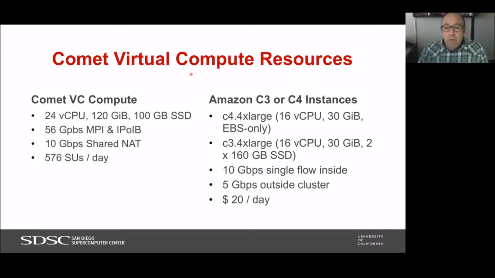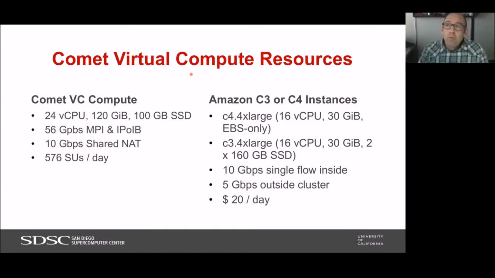On Amazon, the 2 most comparable instances that you'll see are like a C4 XL and a C3 4XL. They have fewer cores, less memory, and either EBS backed or slightly larger SSD backed.